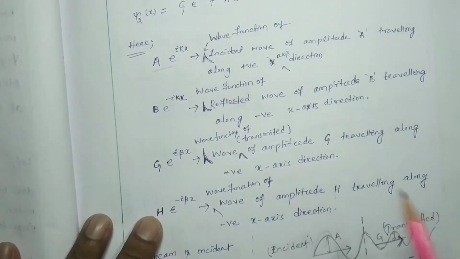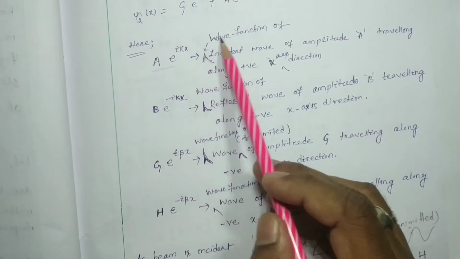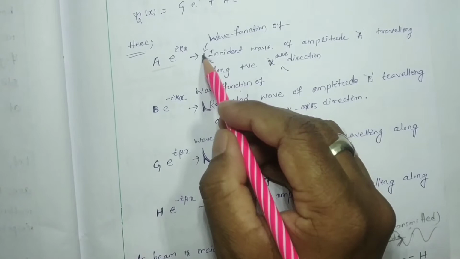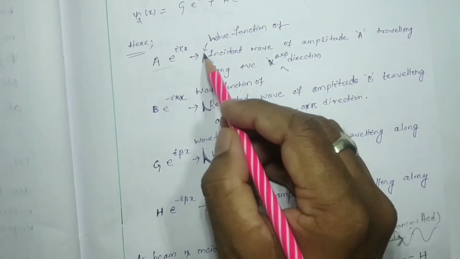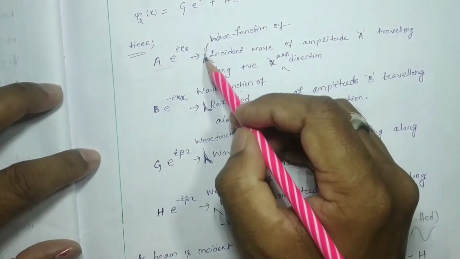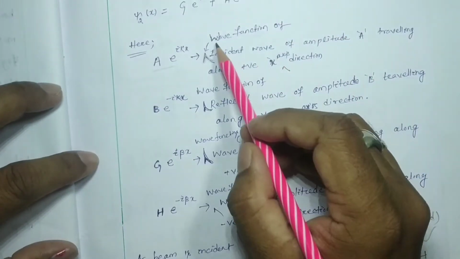So here A e^(ikx) is the wave function of, here I put an arrow mark, meaning these three words you have to write, then write this line continuously.